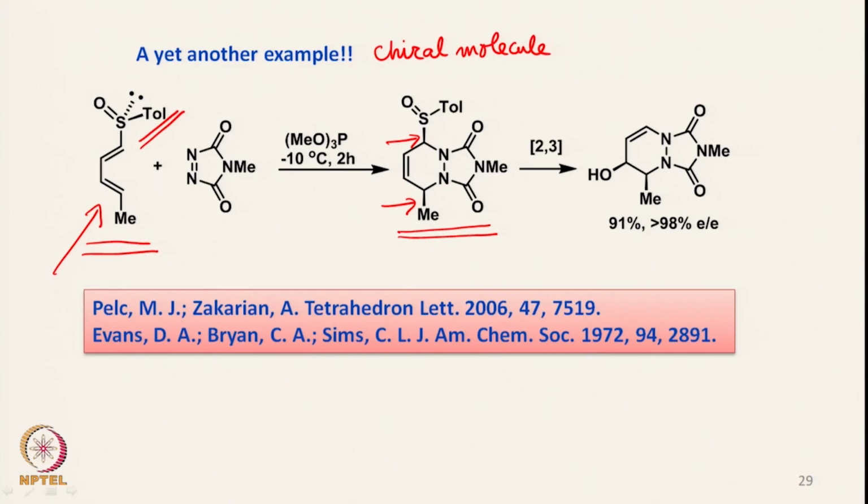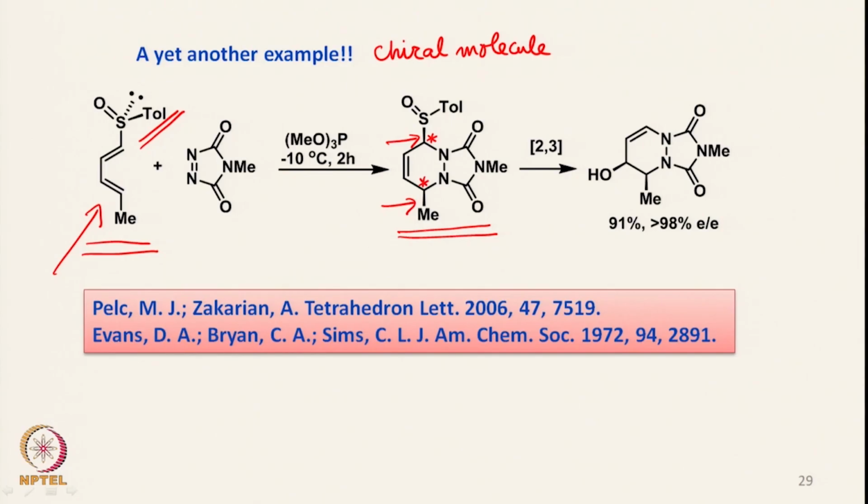However, this is how it will happen, but since there are 2 asymmetric centers which are formed, that will be chiral centers, because the sulfoxide is chiral, the reaction would be highly diastereoselective.